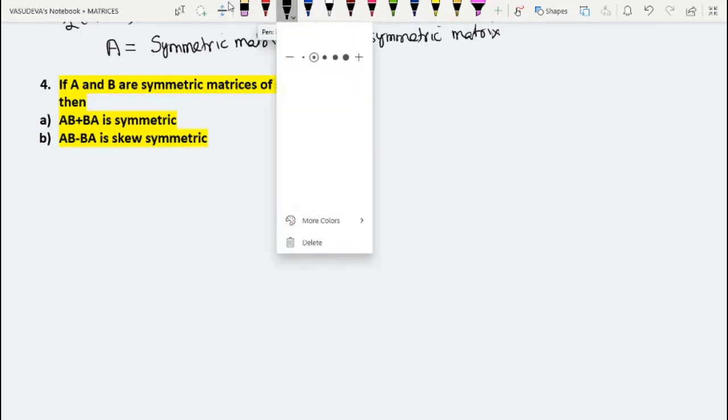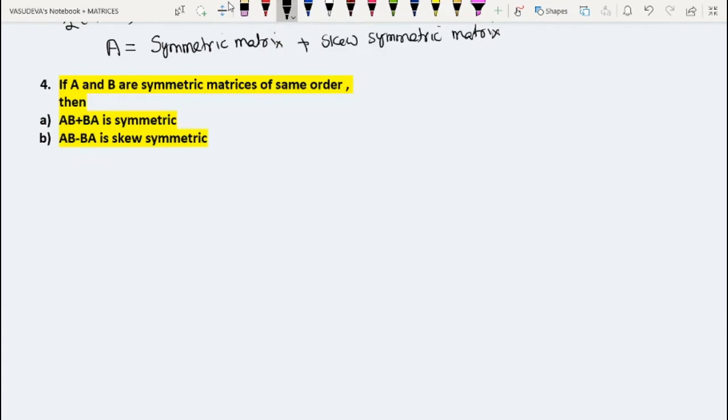Okay, so now it is given that A and B are symmetric. By the definition, A and B are symmetric means A dash is equal to A and B dash is equal to B, because both A and B are symmetric by the definition.